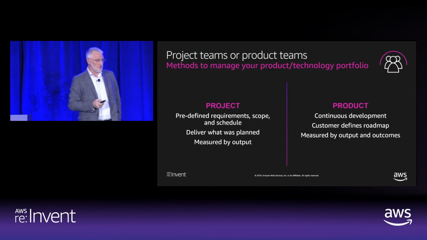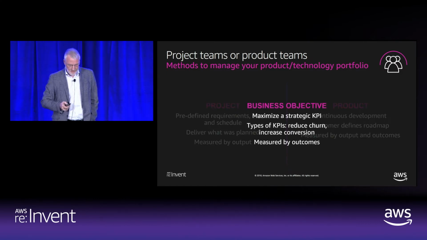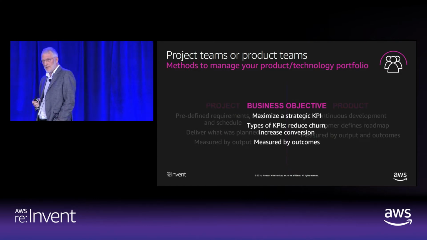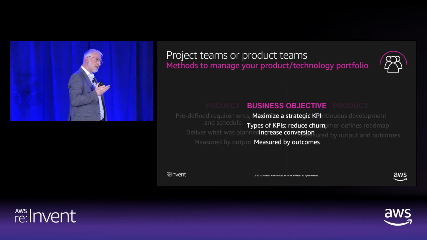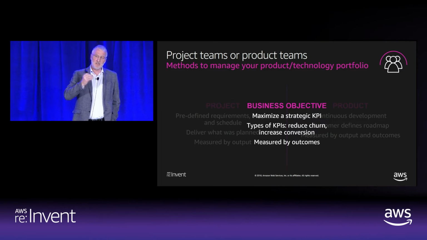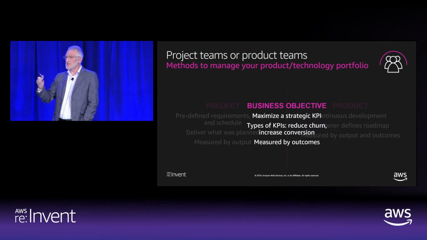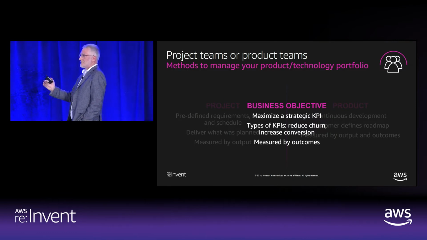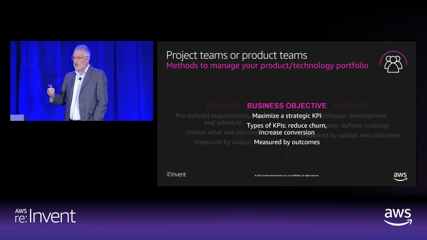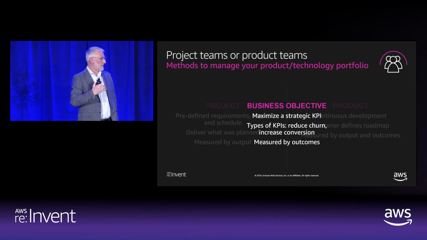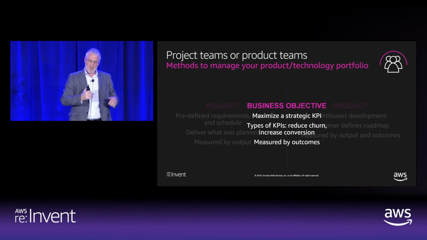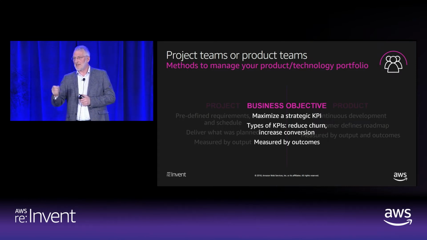Now, there's a third view that a colleague of mine, Mark Schwartz, has come up with, which is a business objective view. The idea here is instead of having a particular product, you have a business objective that aligns with your strategy. And you define a KPI, a key performance indicator, for that business objective. And then you put together your team to optimize that KPI.